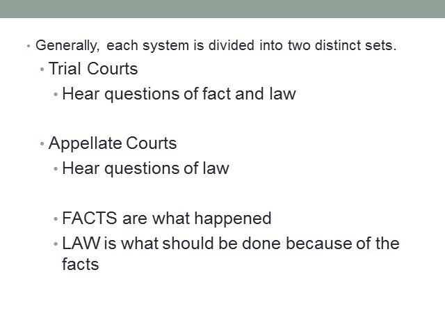Generally, each system is divided into 2 distinct sets. Your case is going to start in what's called the trial court. And the trial court hears everything. This is the first court to get a case.